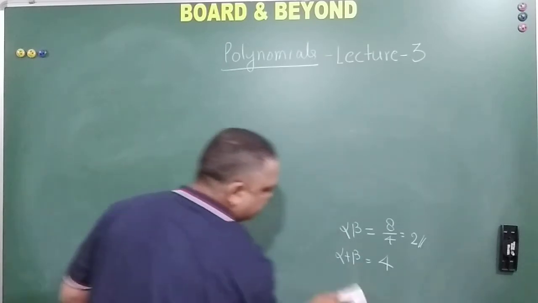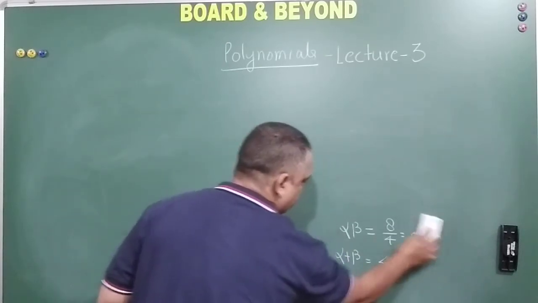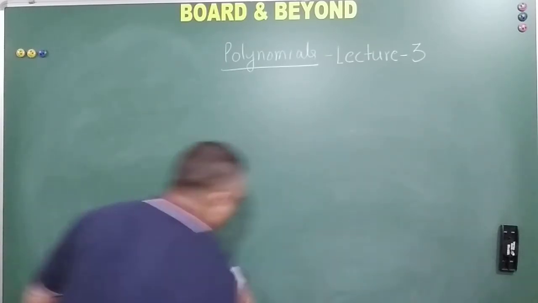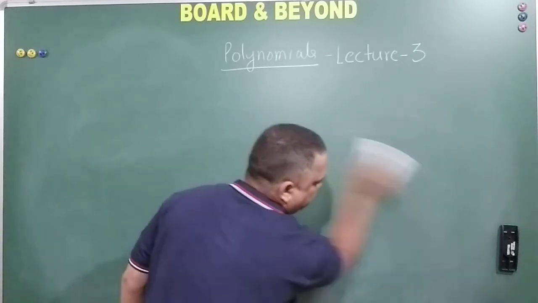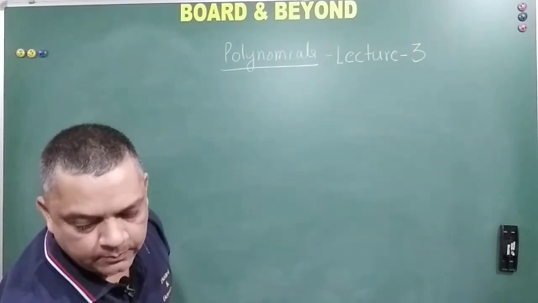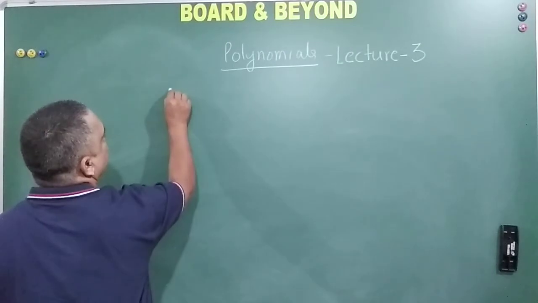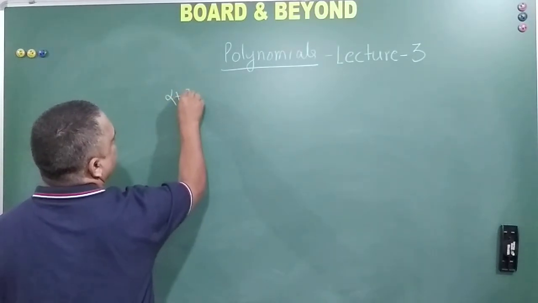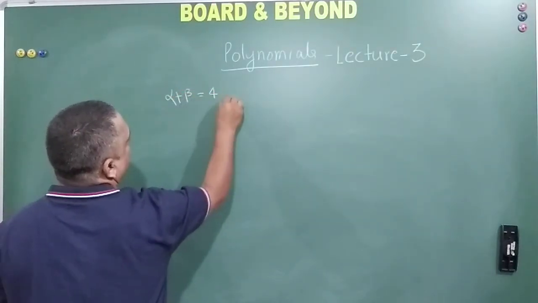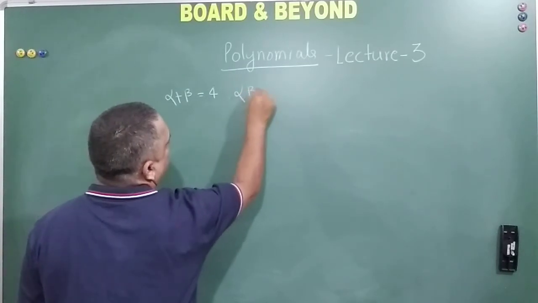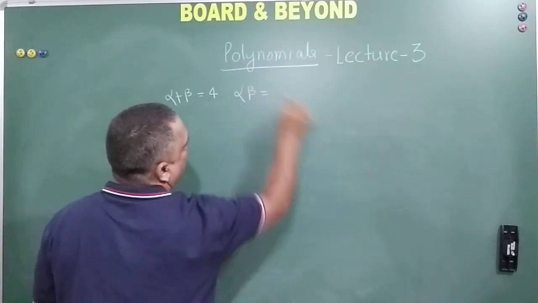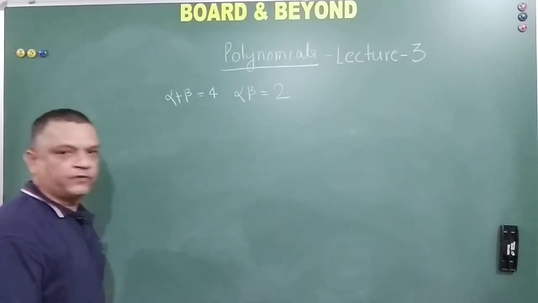See friends, this type of question takes you a little extra time, but yes. Alpha plus beta is equal to 4 and alpha beta is equal to 2. That is what we got.